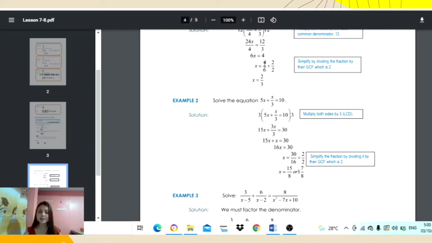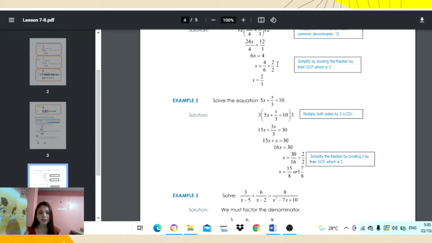And since this is not in simplified form yet, or not in the standard form yet, since that can still be simplified, we have to divide the fraction by the GCF of the numerator and the denominator. So the GCF of 4 and 6 is 2.